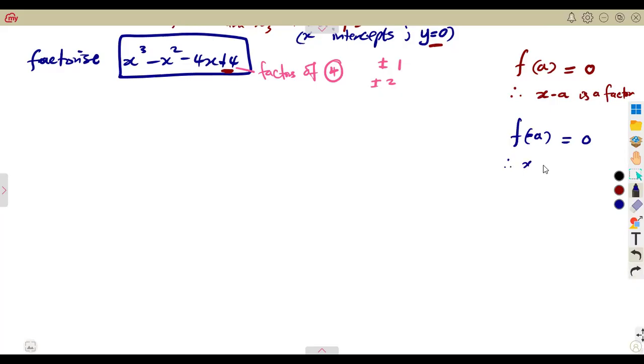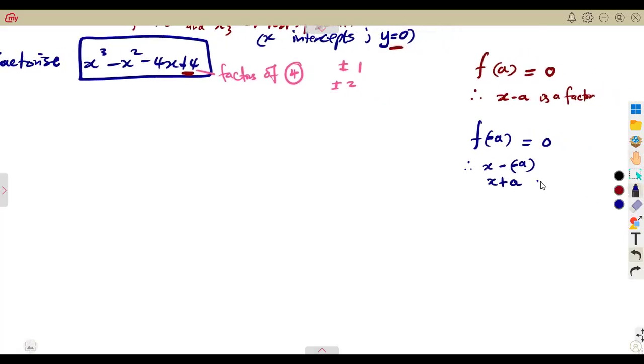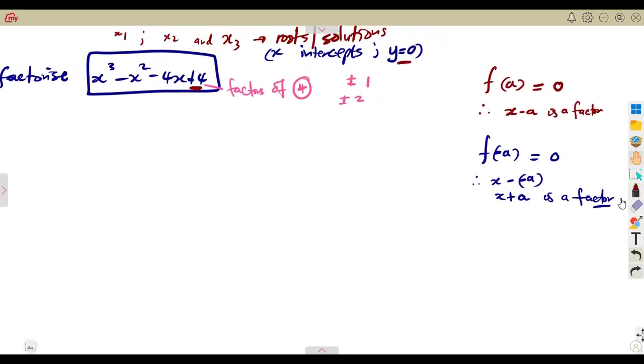It means x minus minus a, which is x plus a, is a factor. So simply a factor is x minus the number that you substituted to obtain a 0. That gives you a factor.